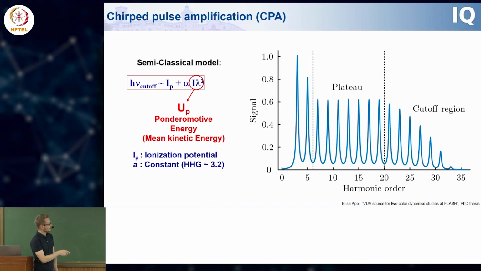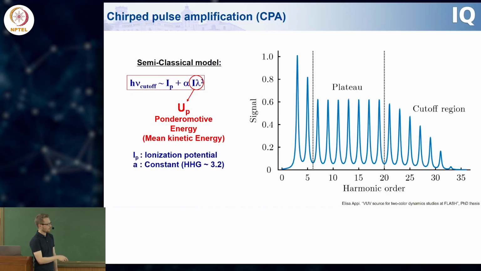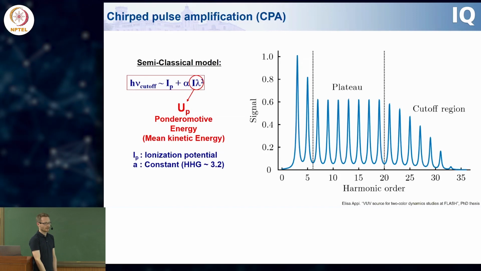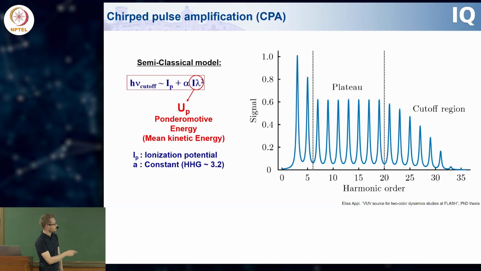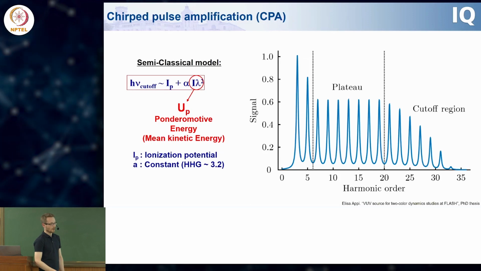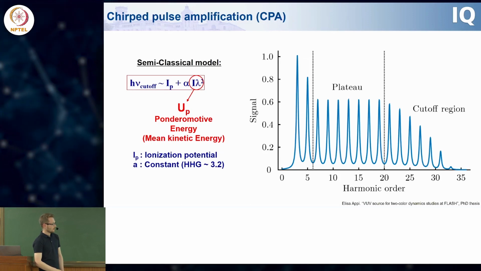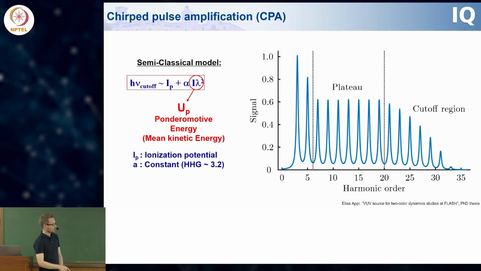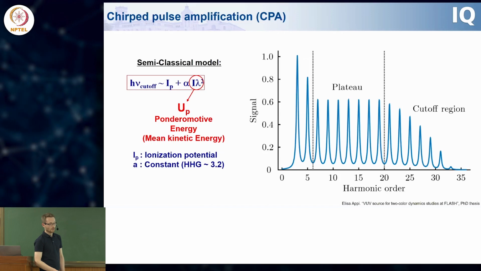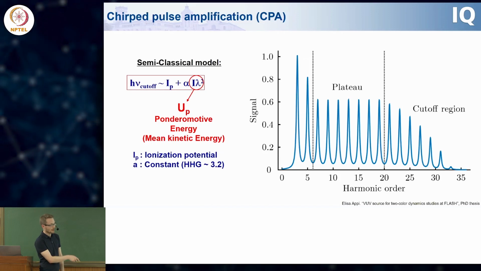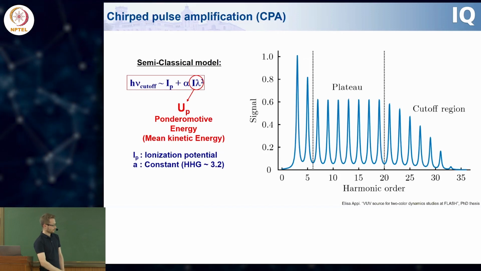So this alpha is usually a factor of 3.2, 3.17, I think, is the current calculation. And with this, you can roughly scale how high your harmonics will be, especially since people want to push towards 100, 200 eV sometimes with this cutoff and the highest harmonics that they can observe.